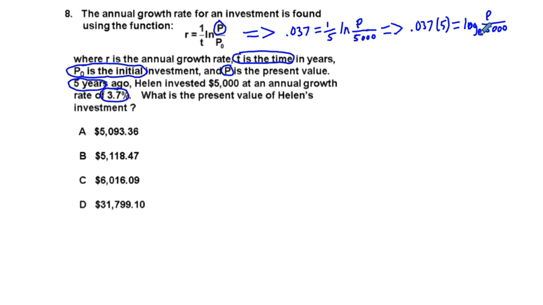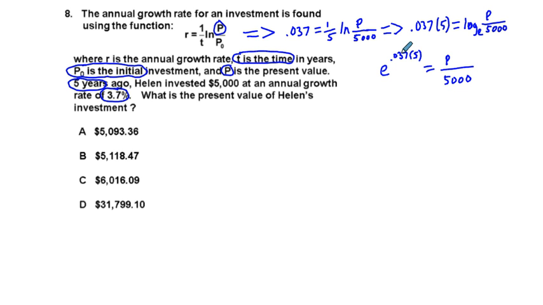And what we can do is change this into an exponential function, isolating our unknown P. And so e to the power of this 0.037 times 5 is equal to P over 5,000.